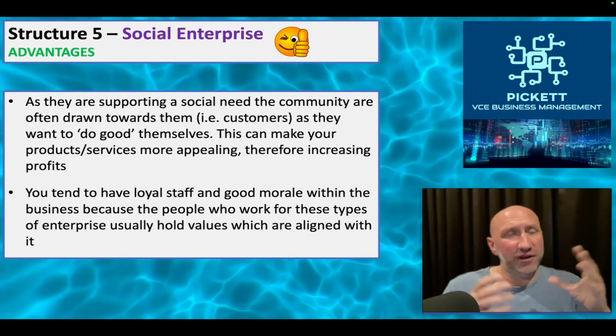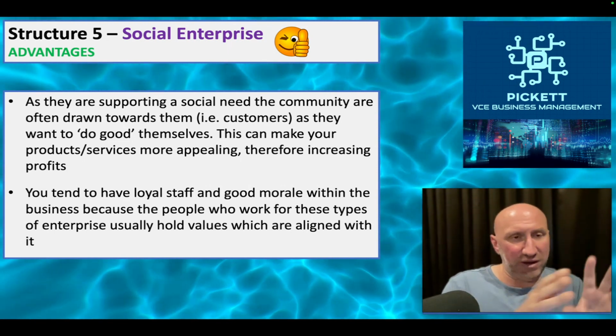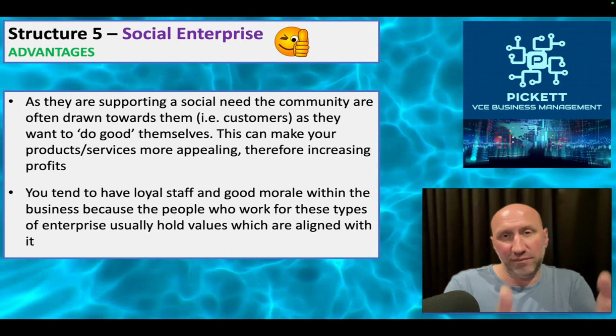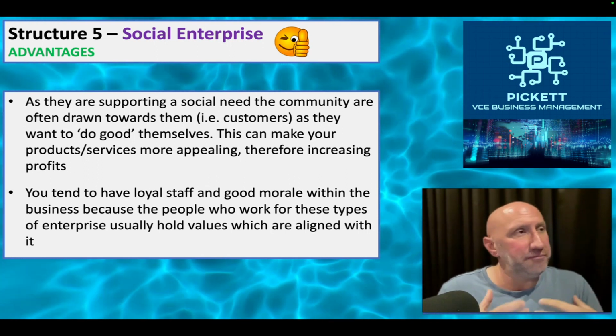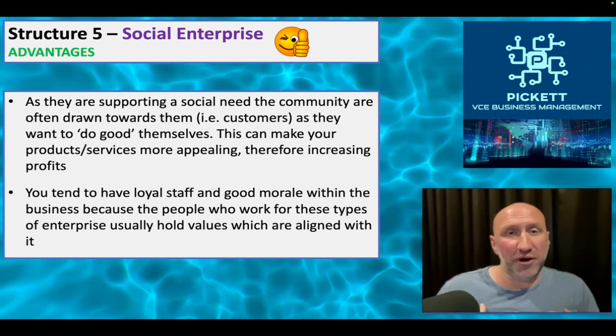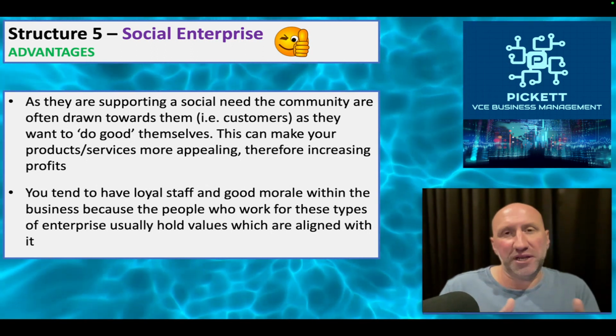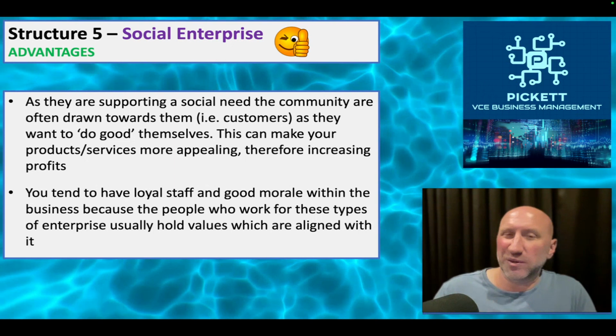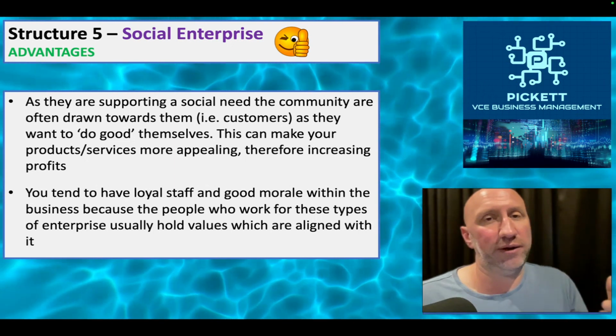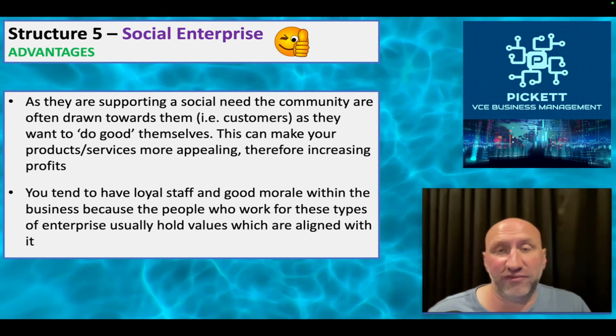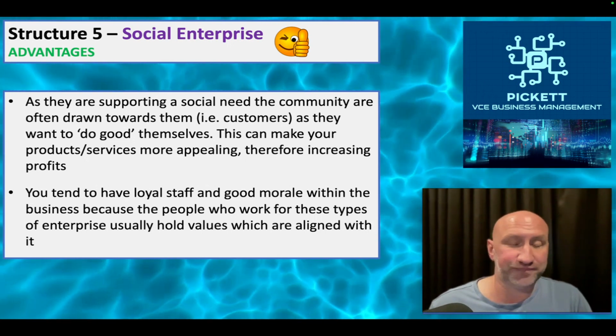So I guess if the average punter goes to the supermarket and has a choice of 2 products and one is being sold by a social enterprise, most people want to do good. So you might go, I'll buy the one that is produced by the social enterprise because I know that my money is going to go to a good cause. So by being a social enterprise, you can actually get a competitive advantage in the market as well.